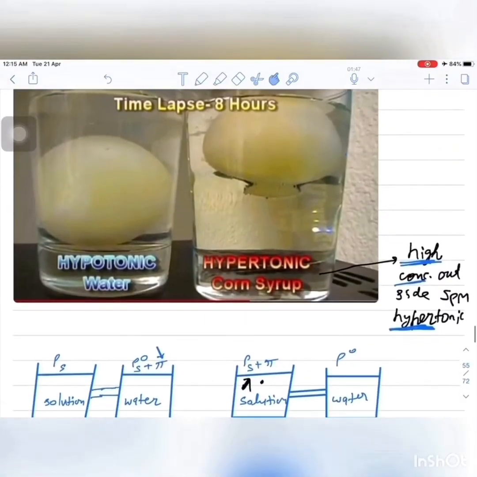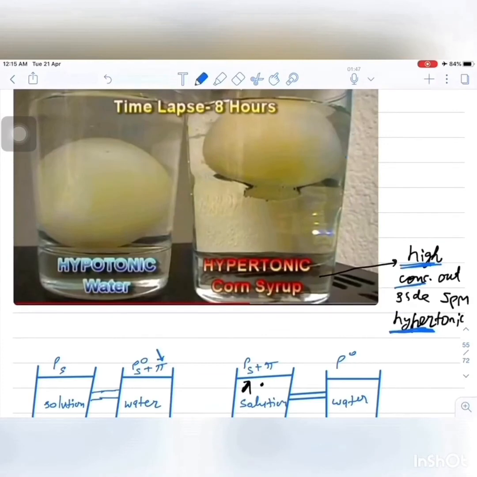Let me recall the example of egg. When egg is placed in water, the vapor pressure of water is more and we need to apply here no pressure or negligible pressure. The pressure to be applied is known as osmotic pressure. This time outside SPM we have water, and water already has a higher vapor pressure as compared to the egg cell, the solution inside SPM. So there is no need to apply pressure on the water side.